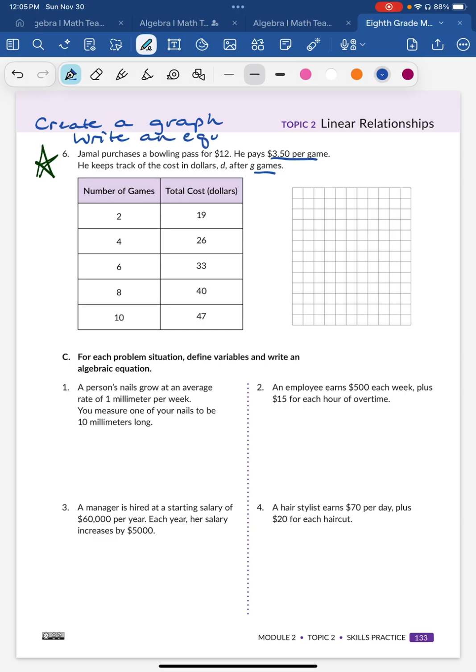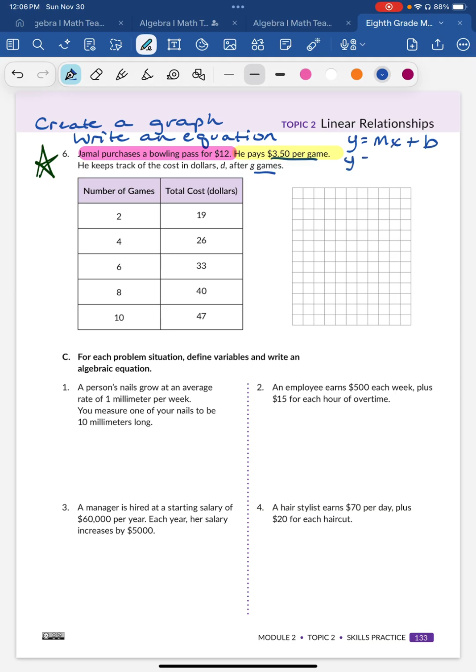Okay, so what is our y-intercept and what is our slope? Let's look at the wording of the problem. He pays $3.50 per game. And then he purchased a bowling pass for $12. So hopefully by now you're seeing the pattern. We've got a y equals mx plus b equation.